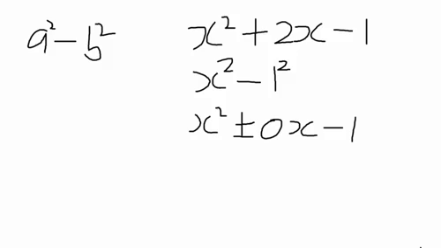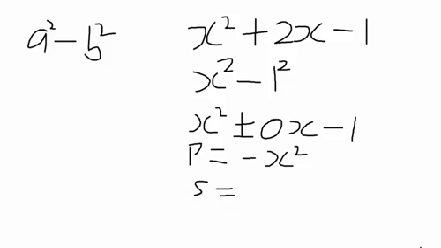Now, how do you solve this particular expression? Here you can factorize by asking yourself, the product of this particular thing is minus 1 multiplied by x squared, and that will be negative x squared, and the sum is 0x.